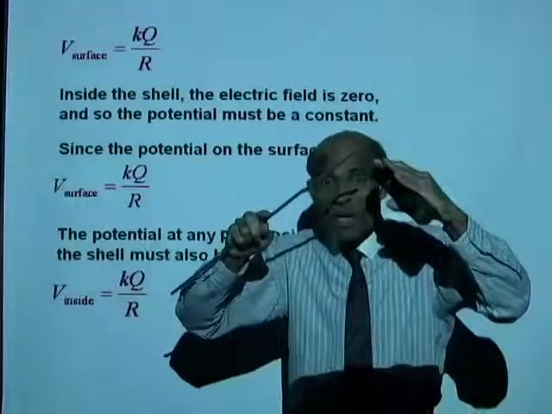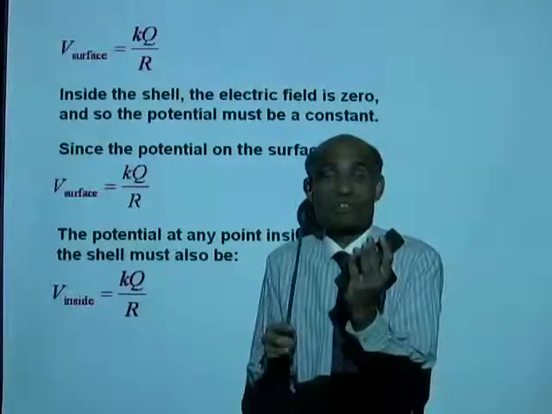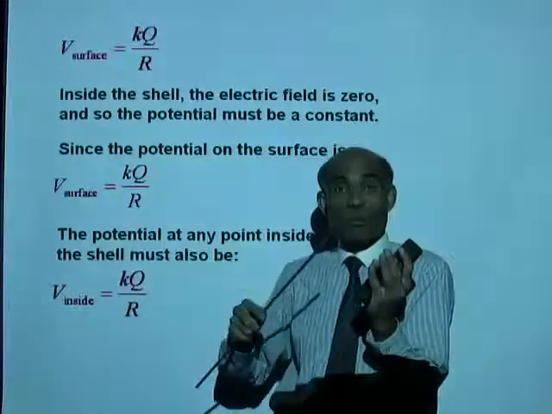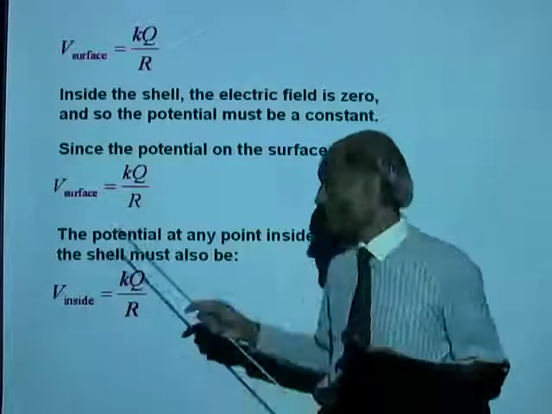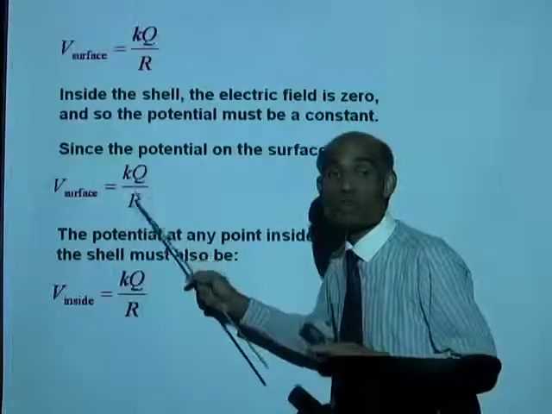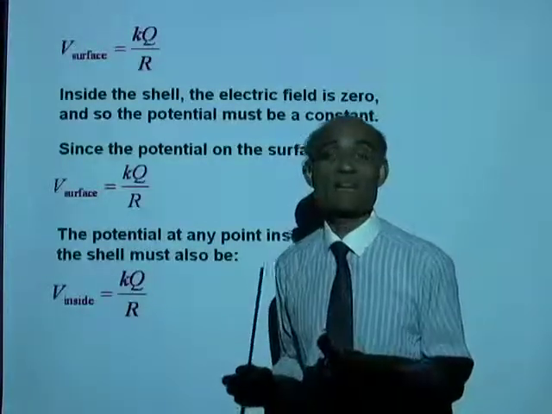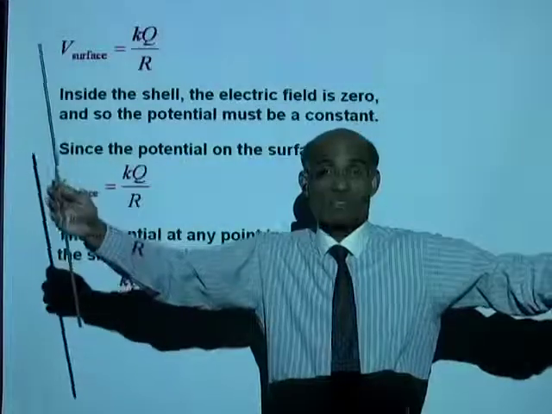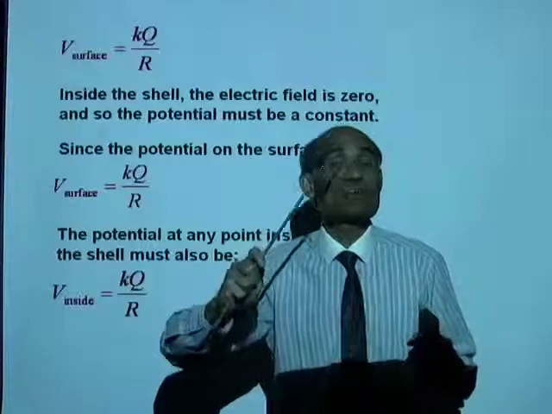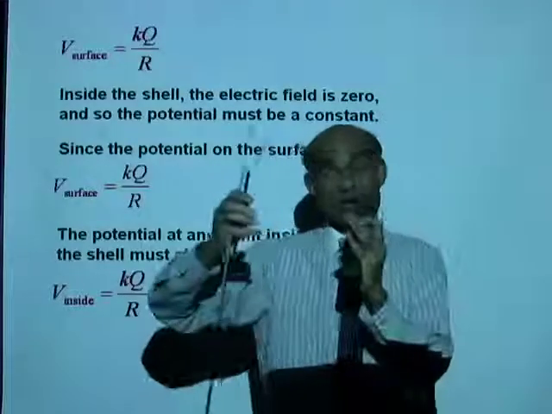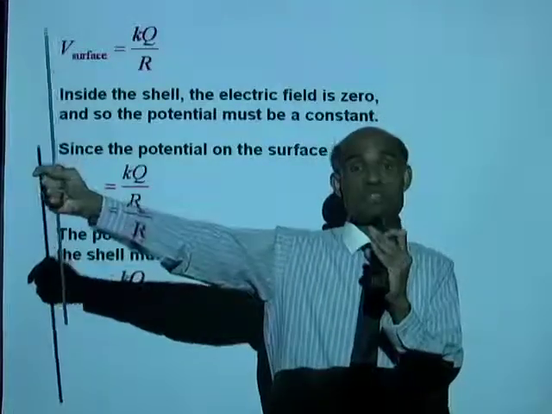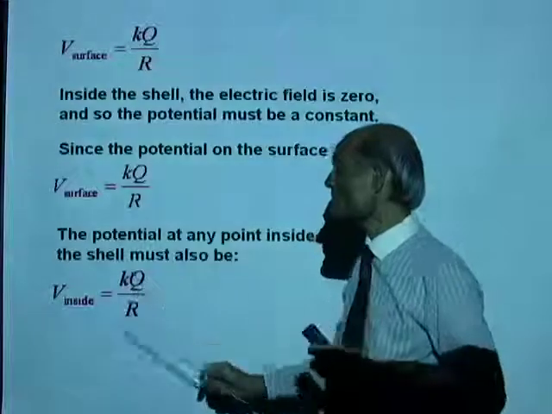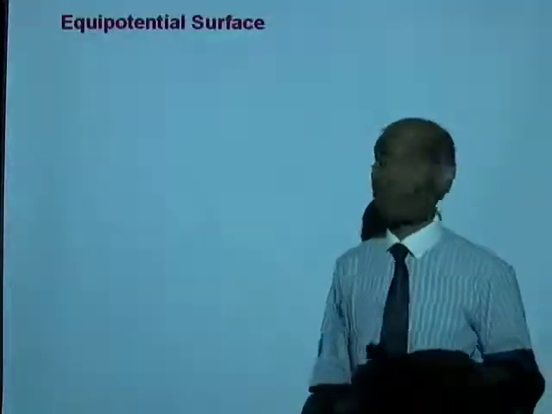So the potential at any point inside the shell and at any point on the shell is uniform, given by kq over r, and the potential at any point outside will be kq divided by small r, where small r is the distance of the point from the center of the shell.